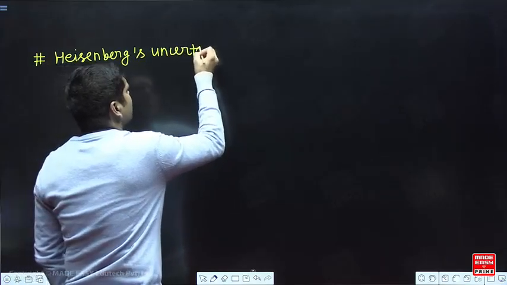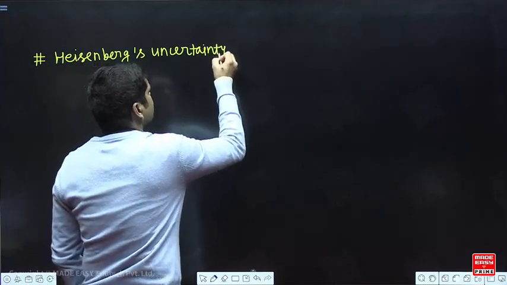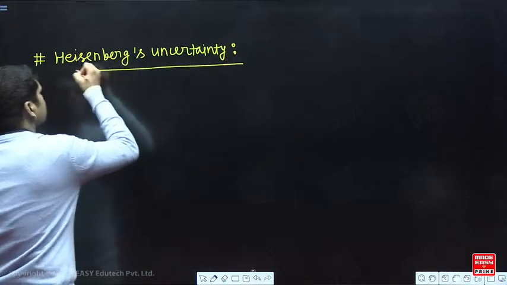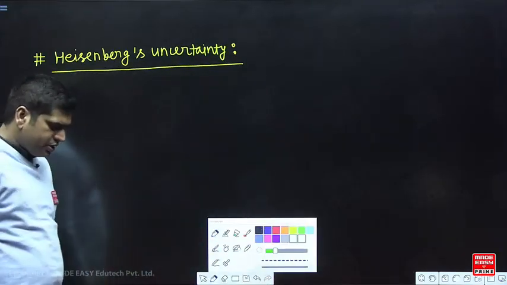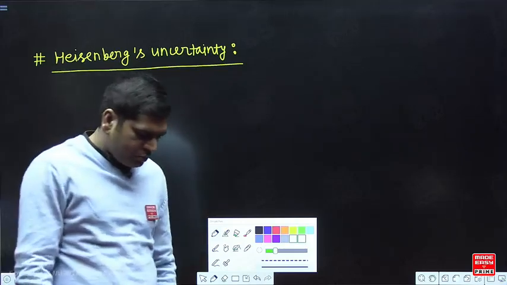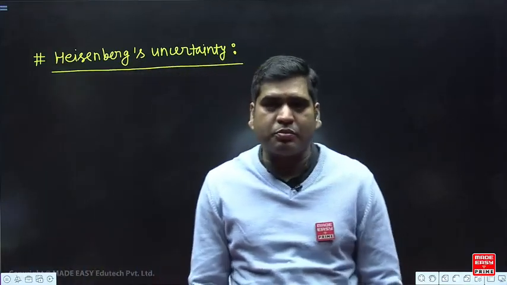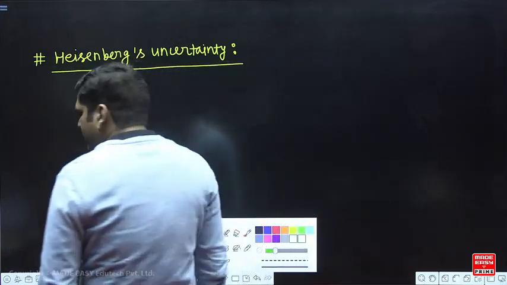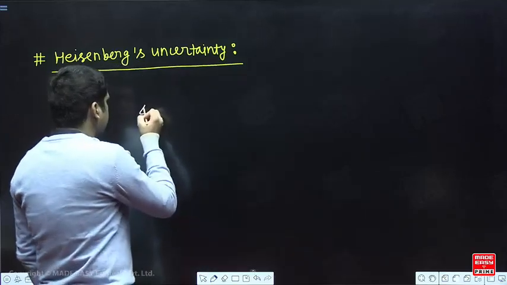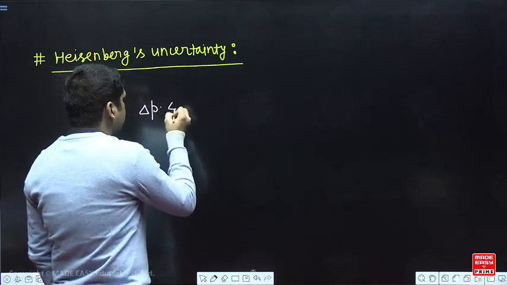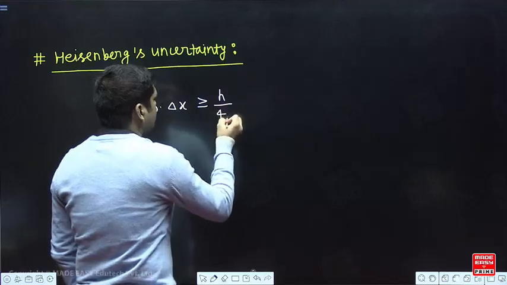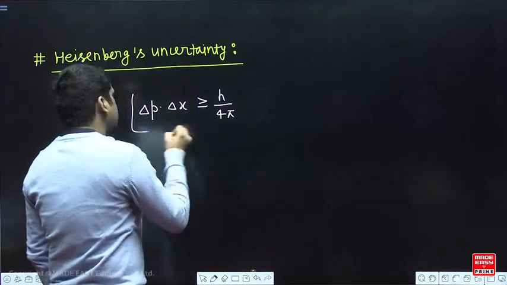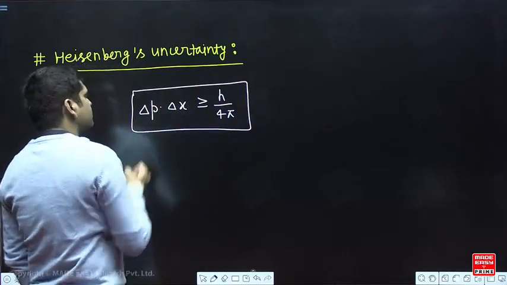I am writing it in mathematical form only, not in theory. That's sufficient. He said that for a moving particle, simultaneous measurement of position and momentum accurately is not possible. So he has given a mathematical relationship, delta p dot delta x must be greater than or equal to h by 4 pi. This is Heisenberg's uncertainty principle.